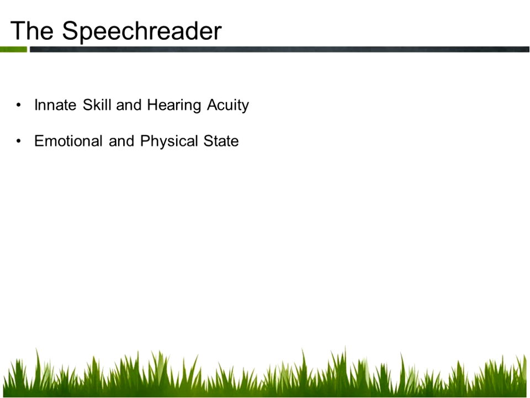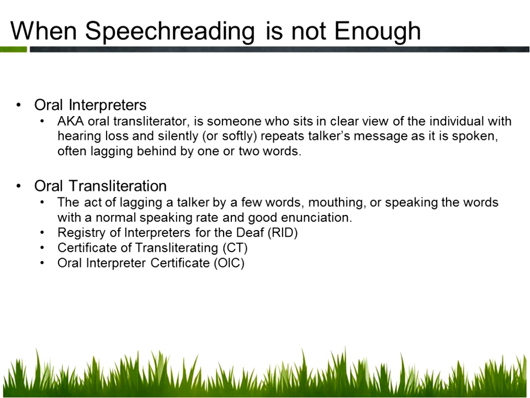We can't control their innate ability, their processing speed. We can't control their hearing acuity. We can choose times to work on speech reading skills when they are in good, less fatigued physical state and emotional state. So what do we do when speech reading is not enough?